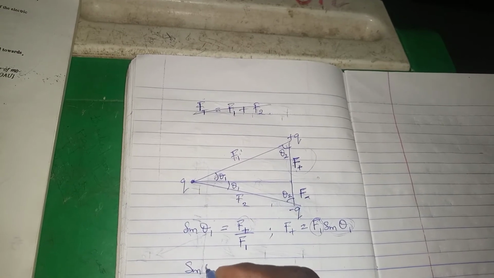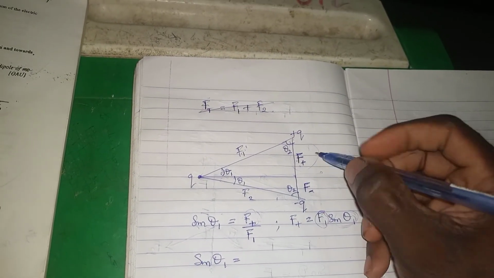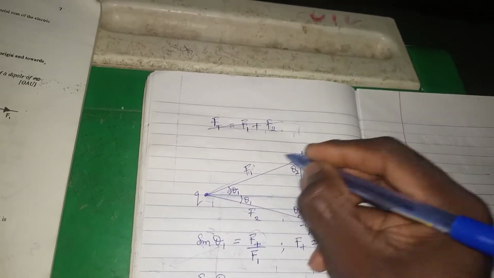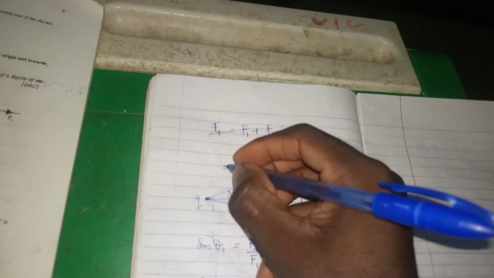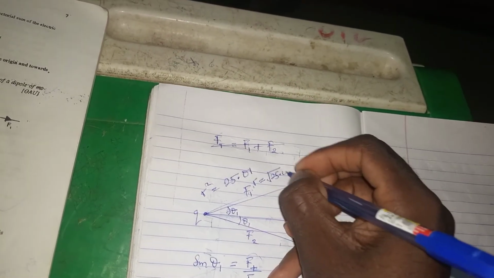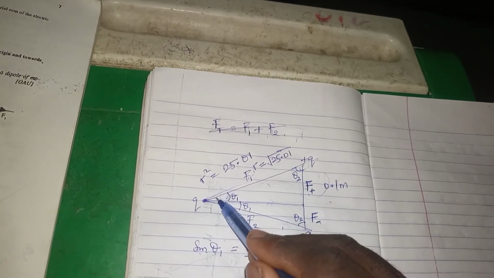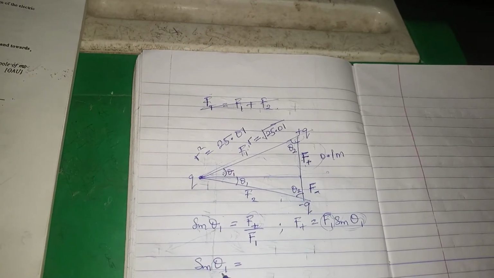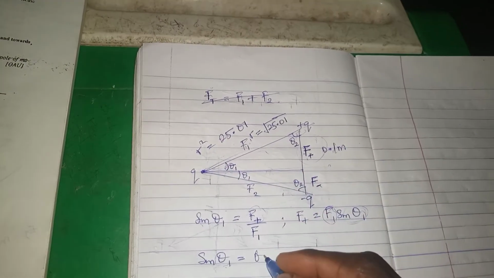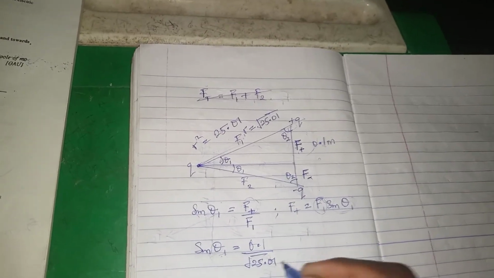So we already know F1, but we don't know what sine theta 1 is. We can get sine theta 1 by recalling that this very point was 0.1 in the diagram, and this one we calculated, this long r here, r will be square root of 25.01, and we could recall that from here to here was r. So definitely sine theta 1 now will be opposite 0.1 over square root of 25.01.